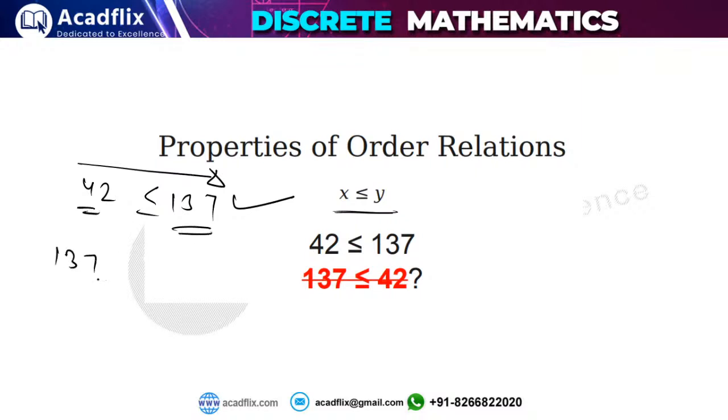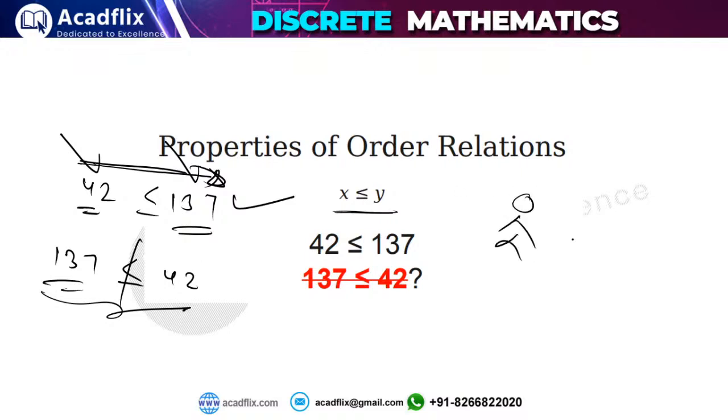But remember, 137 is not less than 42. So there is a fixed ordering here. You can't put it the other way, because 137 is not less than or equal to 42. Basically in ordering, if person A is related to person B, then the reverse should not happen.